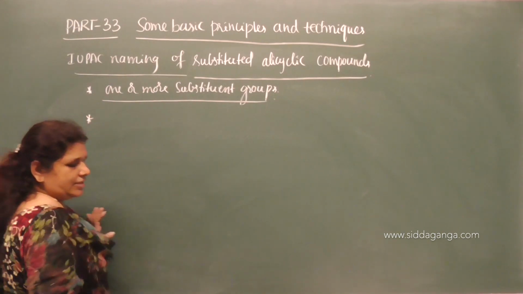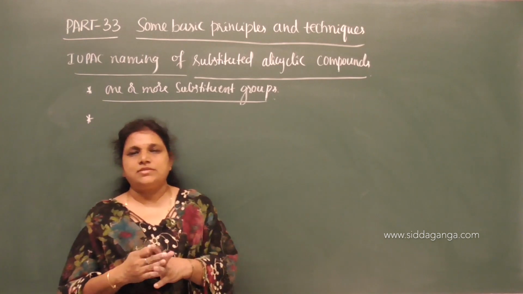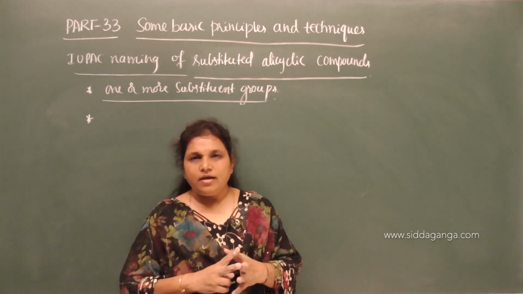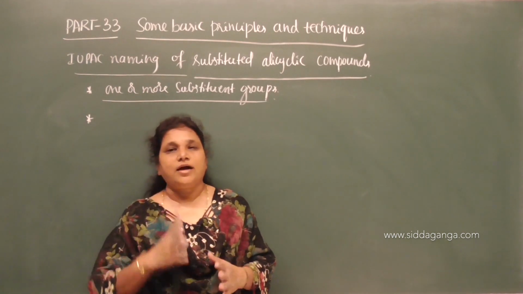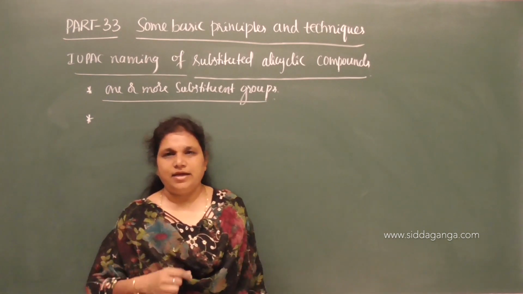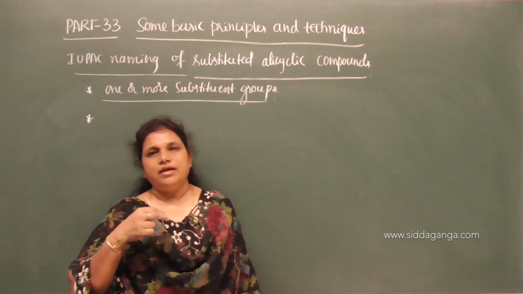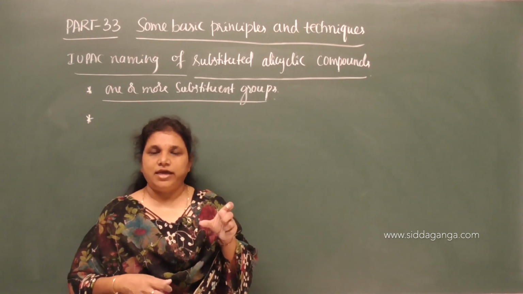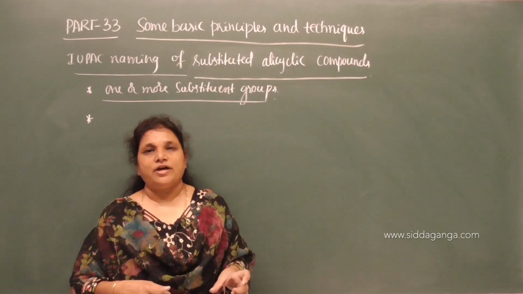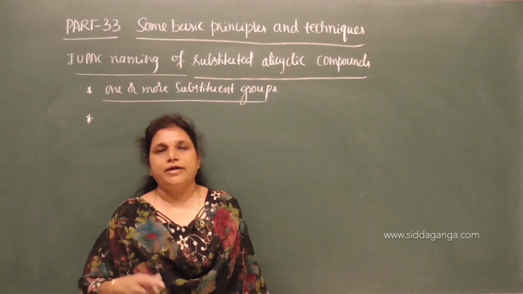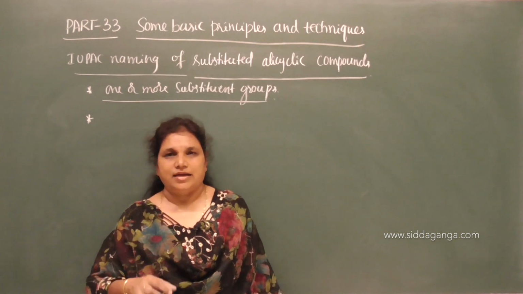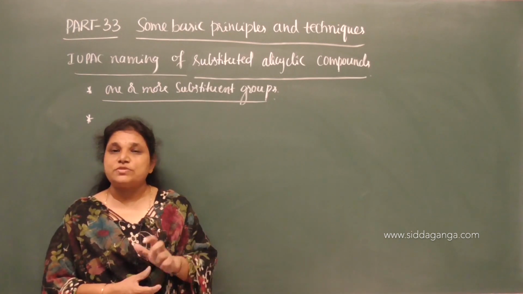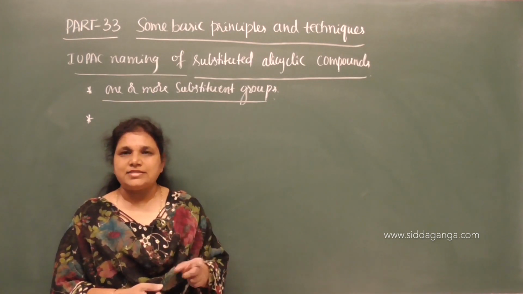If the side chain contains the same number of carbon atoms or more carbon atoms than are present in the alicyclic ring, then we have to treat the alicyclic ring as a substituent group. Means we have to take it as a prefix.